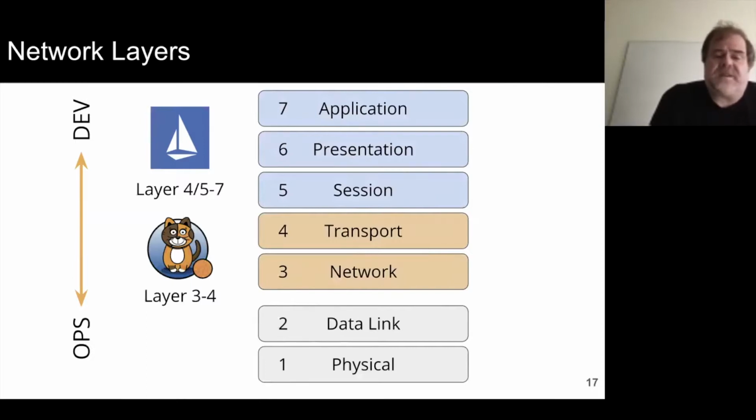And there's a really nice tool out there, at least we think it's a very nice tool, called Project Calico that does that, and we'll talk about some of the capabilities there. Then we also need to start talking about things at a higher level. Now not only do I need to get the packets from A to B, I need to figure out where those packets need to go based on the application or the service they're servicing.